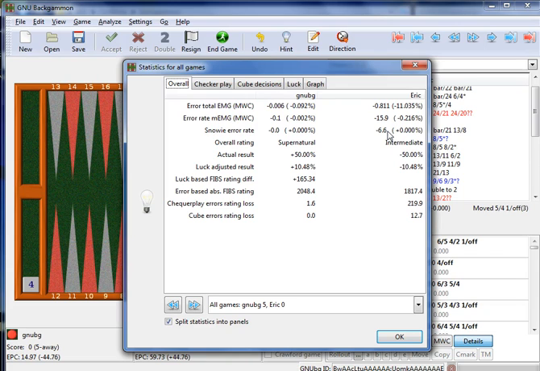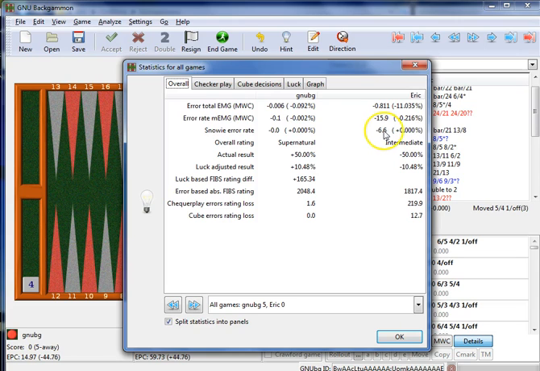A more recent computer program, XG, or Extreme Gammon, calculates its own error rate, and it's very similar to the Snowy error rate, but a little bit different. As I understand, it's a little more strict, you might say. So my XG error rate in this game might be more like a minus 7.6.